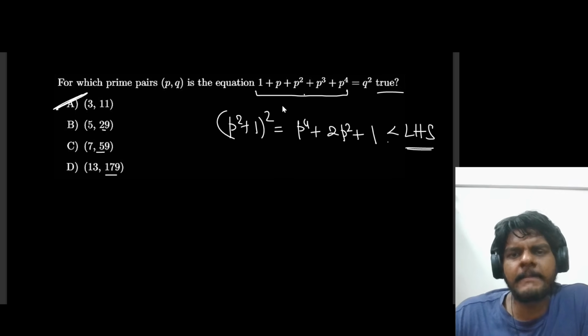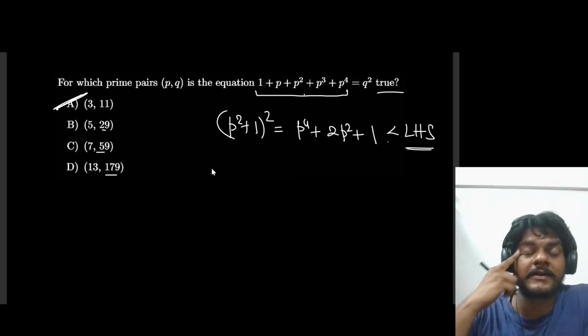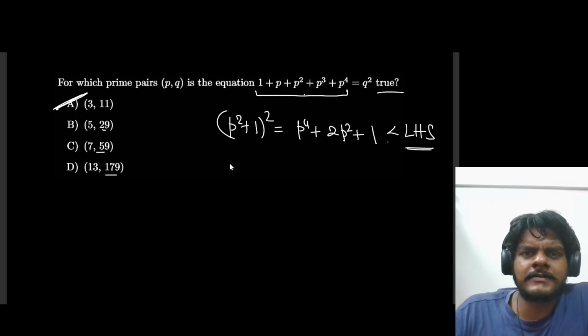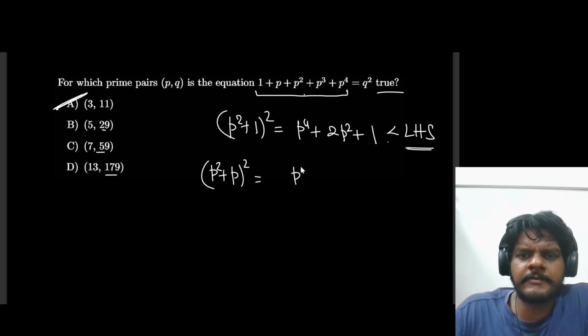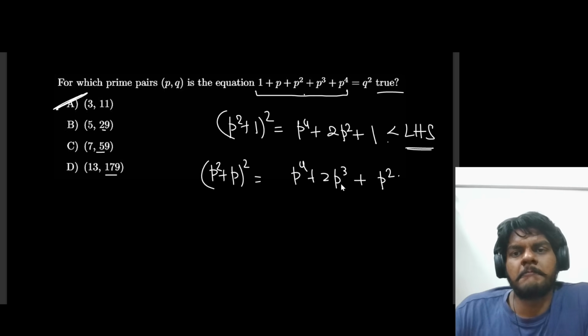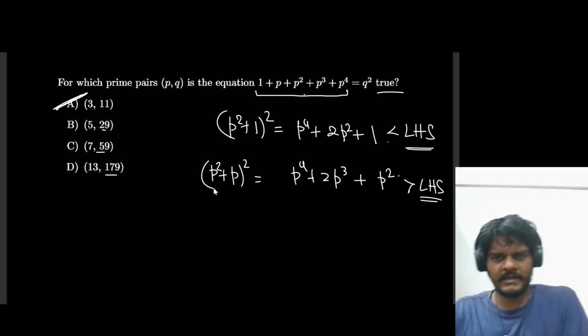Let's see what happens. And what about (p^2 + p)^2? That is actually p^4 + 2p^3 + p^2. Isn't this greater than the LHS? Can you verify these two? That is homework.